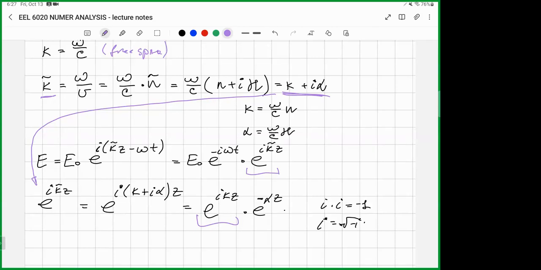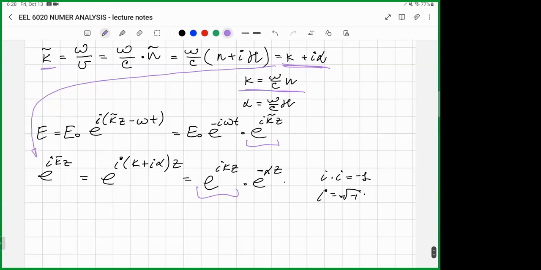And this k is multiplied by the refractive index, and the refractive index describes how much slower the field propagates in the matter, in the material.